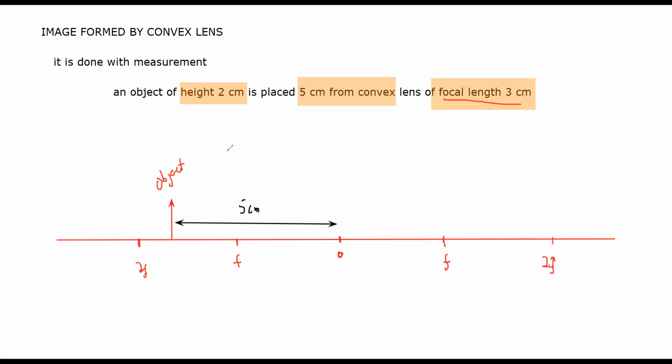Is it clear? The height of the object is 2 centimeter, and it is at a distance of 5 centimeter from the lens. Finish drawing till this part.